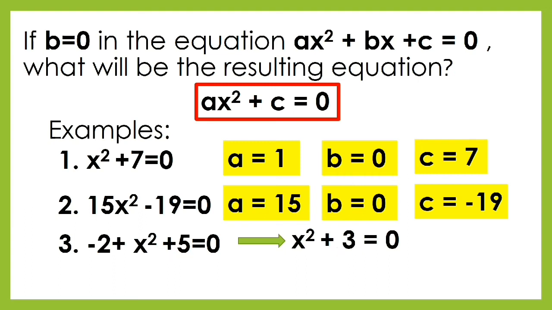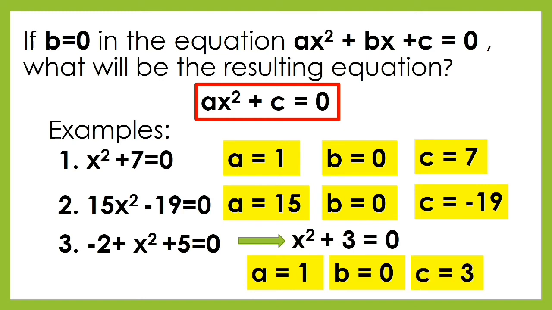So we now have x squared plus 3 equals 0. The value of a is 1, the b is 0, and c is positive 3. As you can see, we do not have the term bx because the value of b is 0.